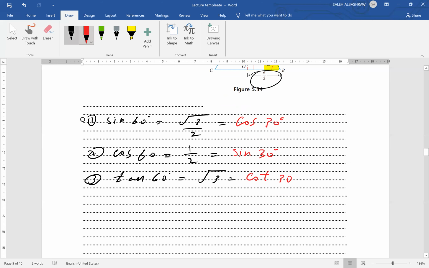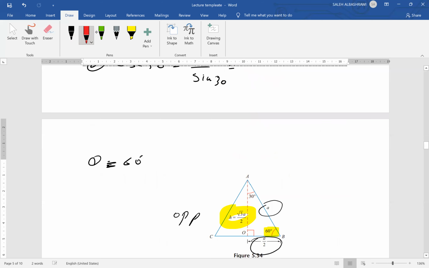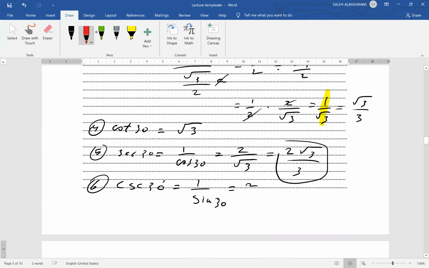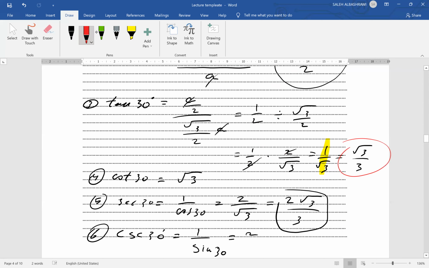Number 4, cotangent of 60 is 1 over square root of 3, or square root of 3 divided by 3, and this is equal to the tangent of 30. If you go back up to see it, this is tangent of 30 equal to the cotangent of 60.